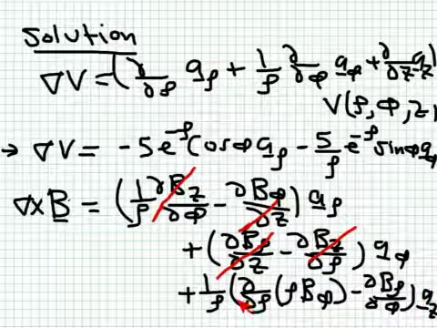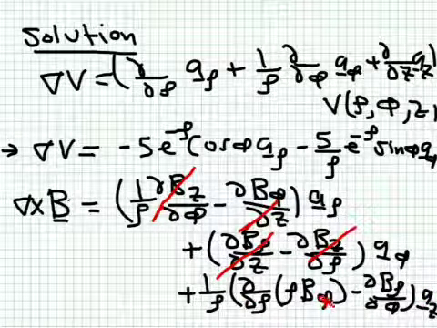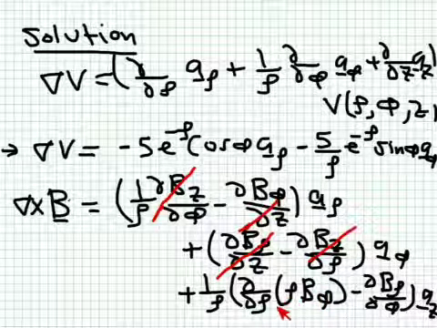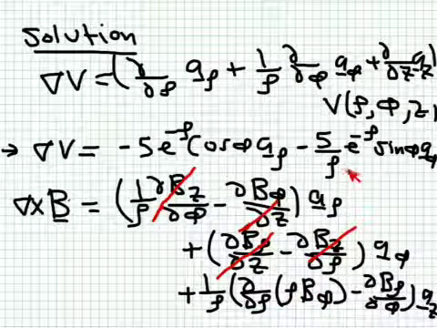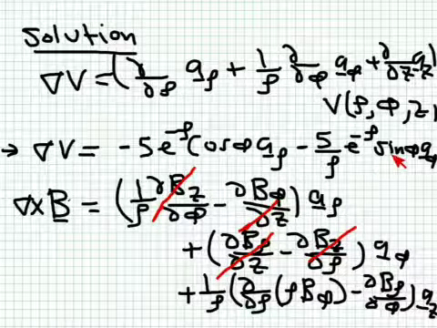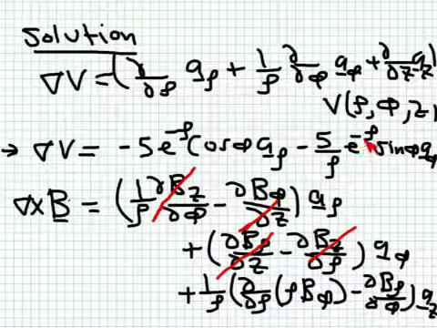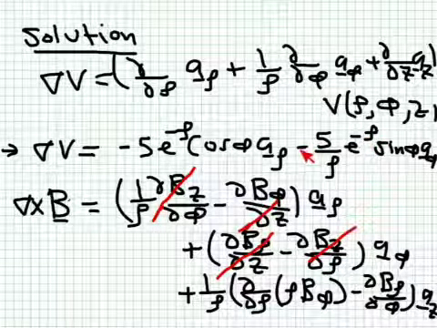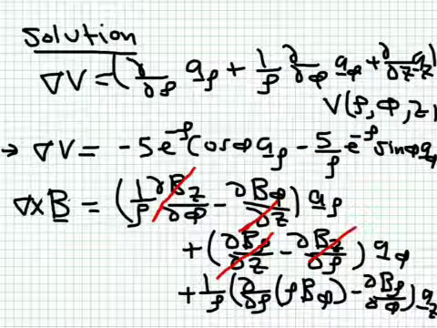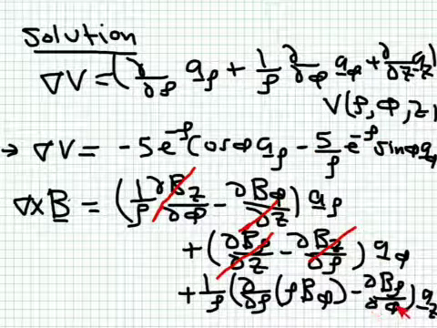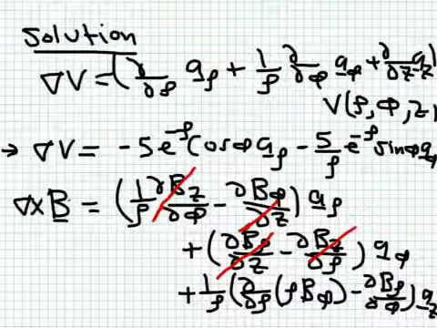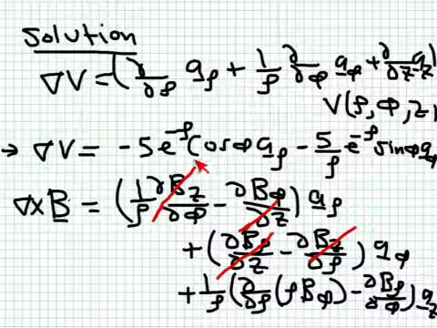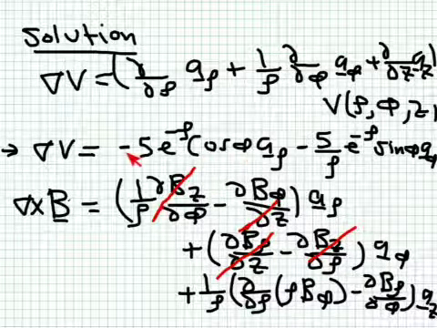So we differentiate Bφ, first multiplied by ρ, and then differentiate relative to ρ. Remember, ρ will cancel out with ρ here, and the derivative relative to ρ will give you e^(-ρ), which will cancel with this negative sign. Now you differentiate Bρ relative to φ. If you differentiate Bρ relative to φ as shown here, the cosine φ will give you -sin φ, which will cancel out with this one.